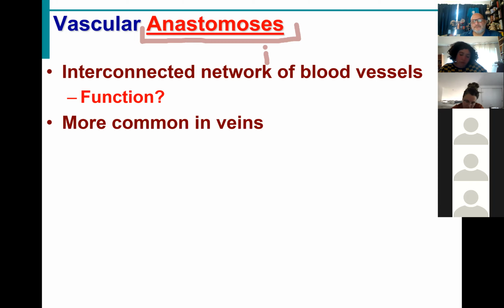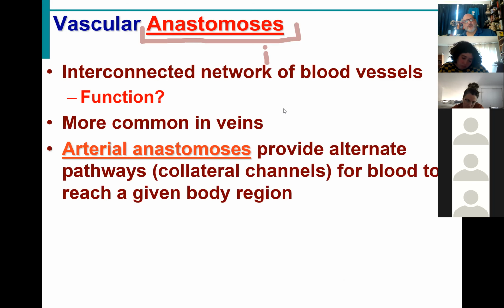Brain and heart. Brain and the heart, absolutely, right? These, not surprisingly, we call arterial anastomoses, providing alternate pathways or collateral pathways for the blood to reach any given part of the body.